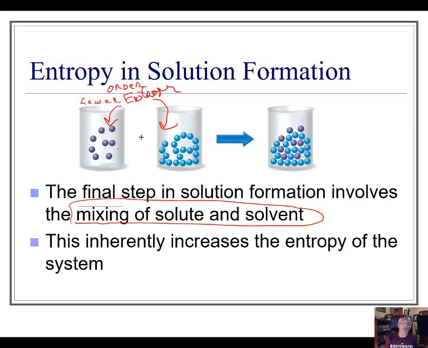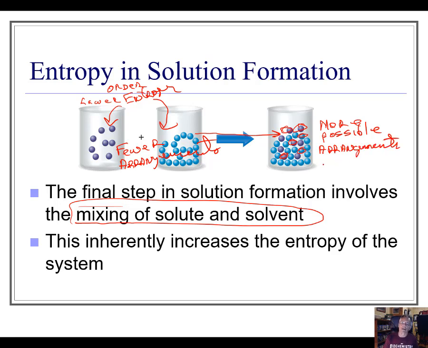So in both cases, we have fewer arrangements that are possible. But when things mix, when a solution forms, because you have different kinds of particles that are distributed throughout the solution, you have more possible arrangements.